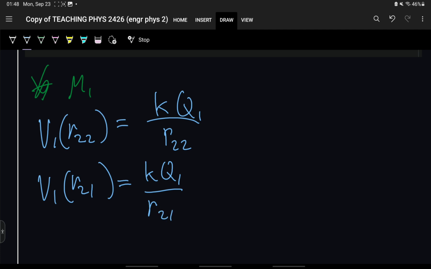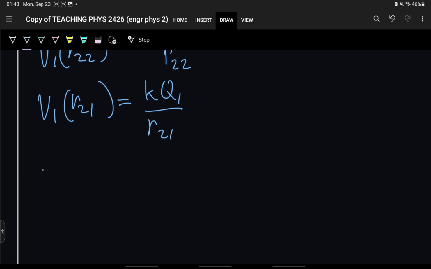Since capital M1 is a point charge for distances greater than R1, the potential inside of M2 due to M1 is V1 inside, equal to lowercase k times Q1 all divided by R2,2.